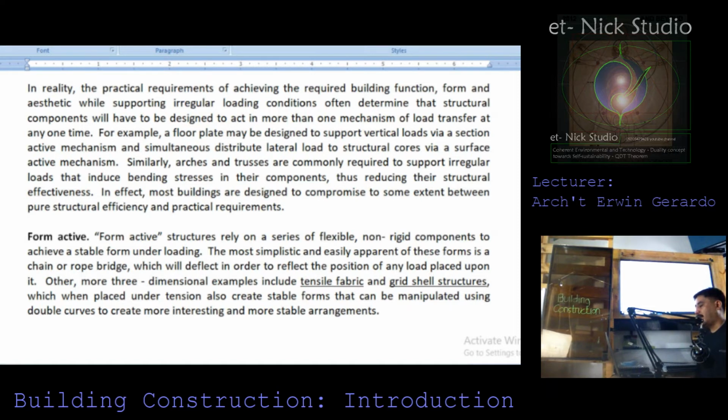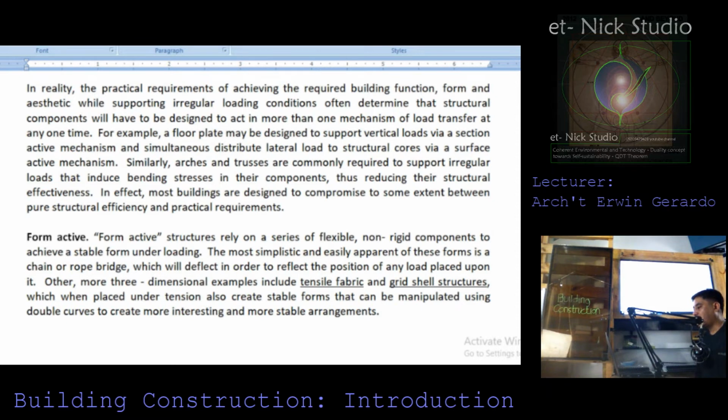For example, a floor plate may be designed to support vertical loads via a section active mechanism and simultaneously distribute lateral load to structural cores via a surface active mechanism.